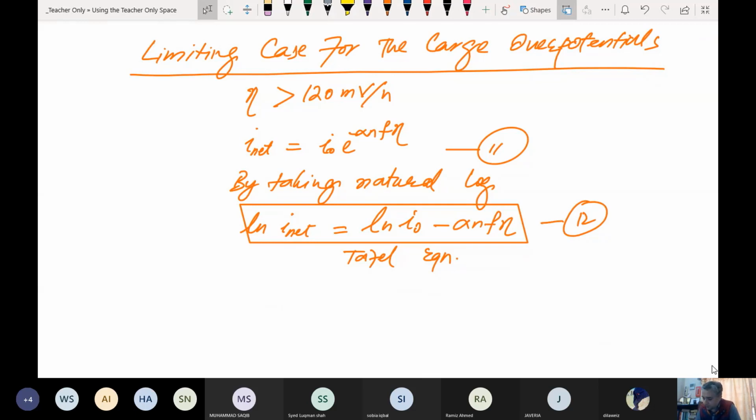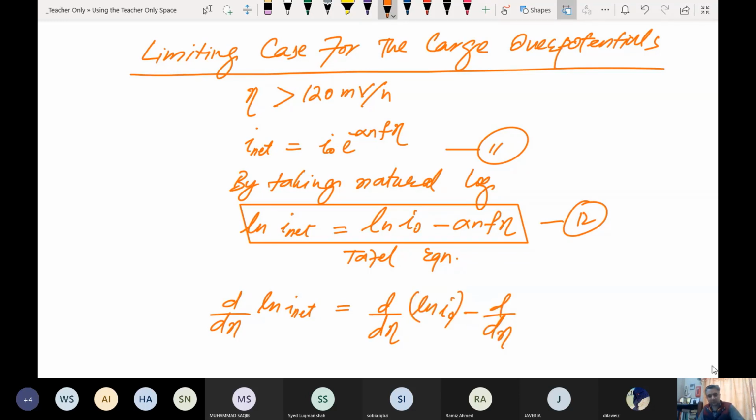Now, if we take the derivative of this equation, that is d with respect to overpotential, then d over d eta, the first derivative with respect to overpotential, of log of I net will be equal to d over d eta of the right-hand side. I can also write it like this, that alpha nF times d over d eta.